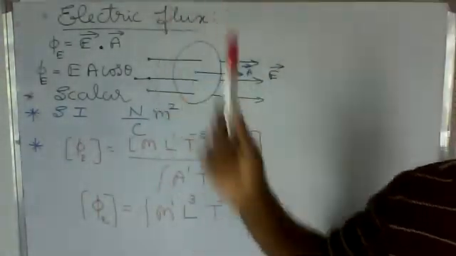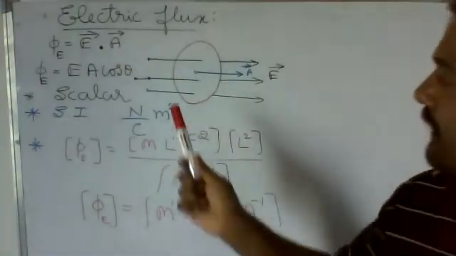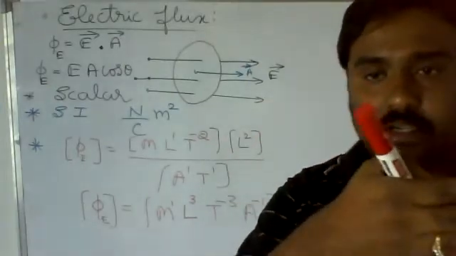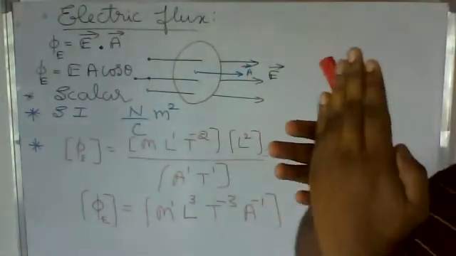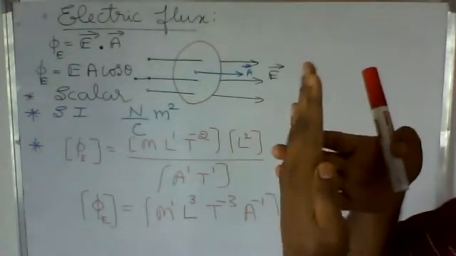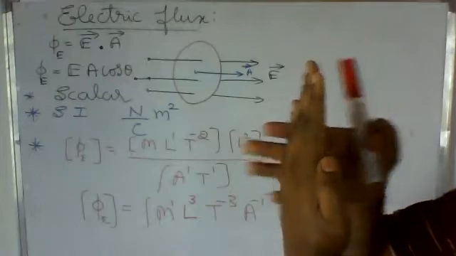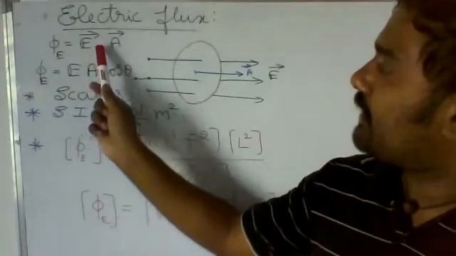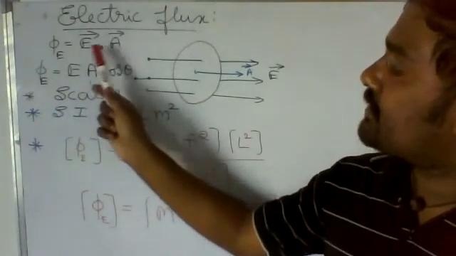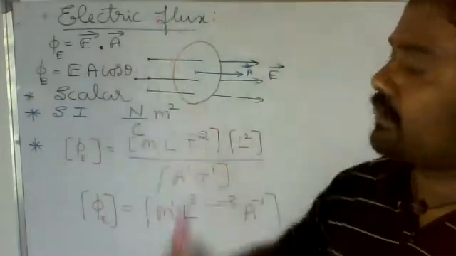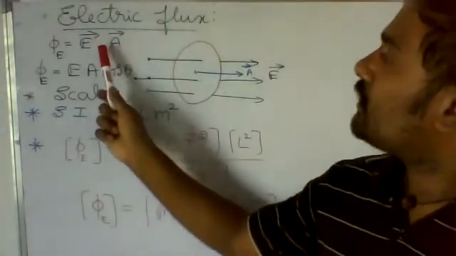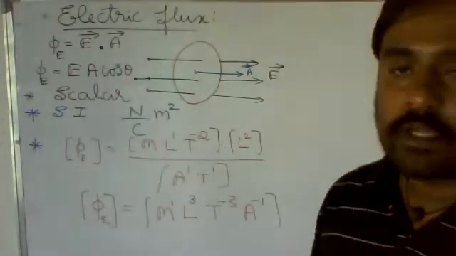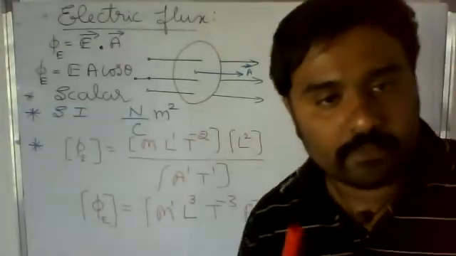What is the meaning of electric flux? Electric flux means the number of electric field lines penetrating, passing normal to the given surface. It is measured by taking the dot product of two vectors, the electric field vector and the area vector, which is the product of the magnitudes of the two vectors and the cosine of the angle between them.